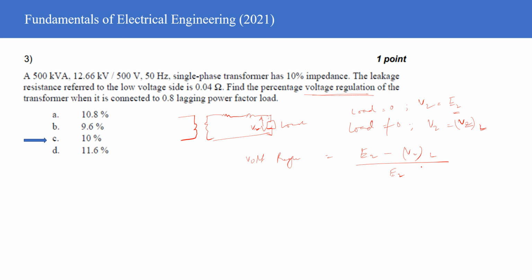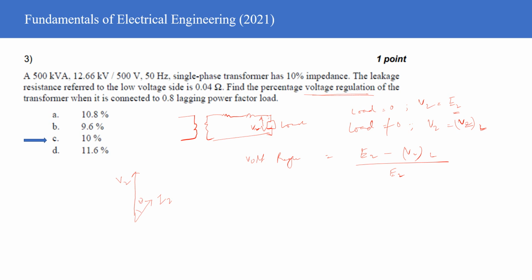Now how do you determine this particular quantity? For determination of this, you can use something known as a phasor diagram. You have your V2 over here. Let's say you have your current flowing at a lagging power factor, so I2 is flowing something like this.